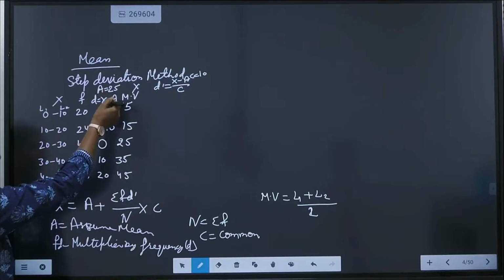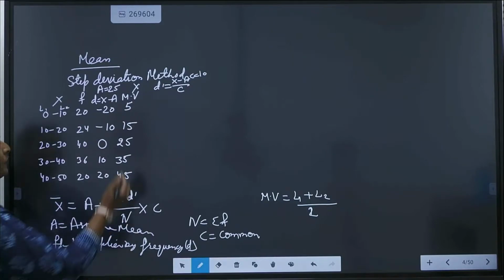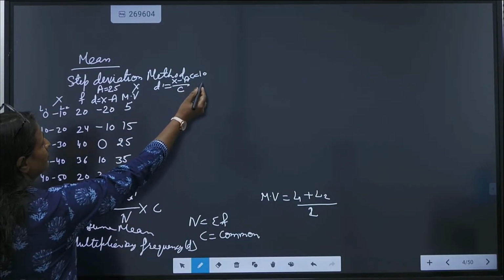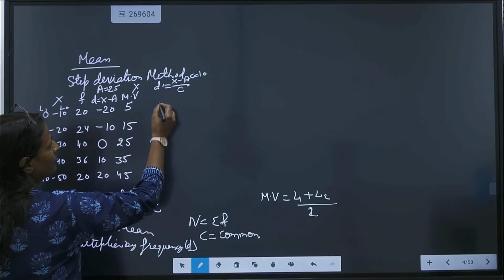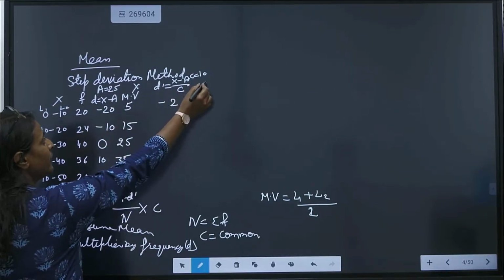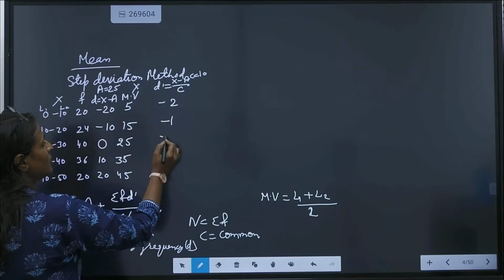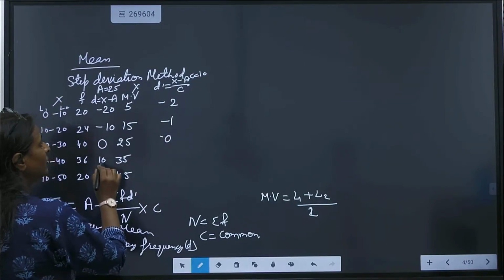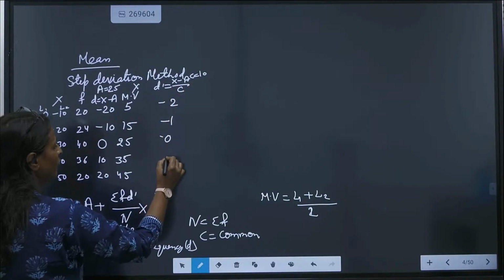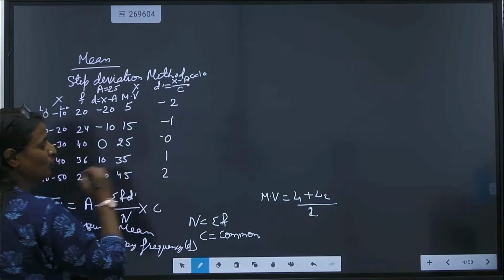So we divide the d with the 10. 20 is divided by 10, minus 2. Minus 10 divided by 10, minus 1. 0. 10 is divided by 10, 1. 20 is divided by 10, 2.